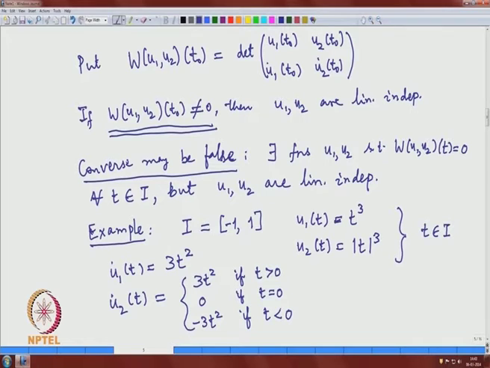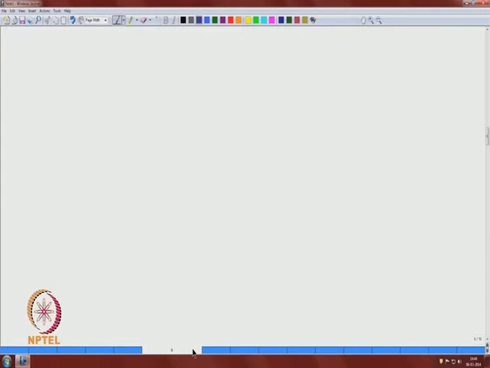Okay. So, it is something 3 t square, but the sign changes, that is important, and using this definition and this computation you see that the Wronskian of u1, u2 at t is 0 for all t in I. Okay. However, we show that u1, u2 are linearly independent.